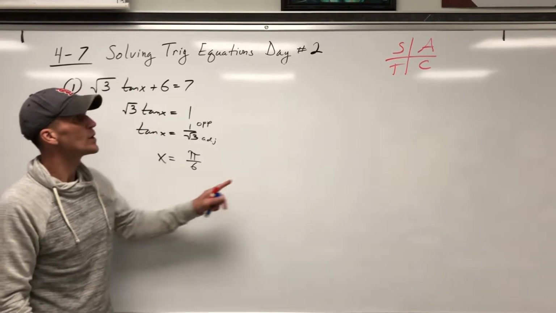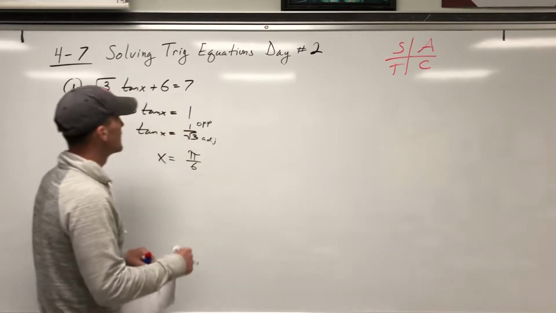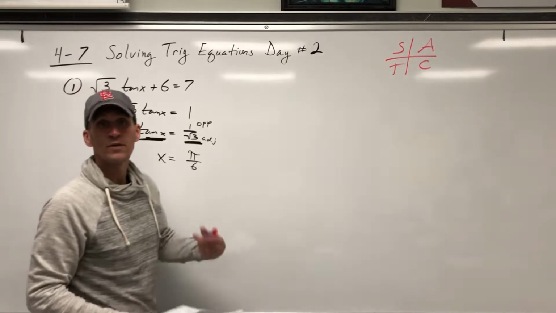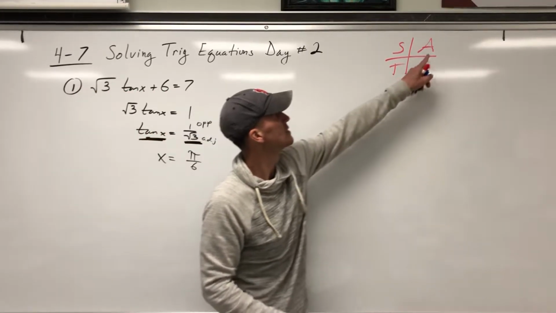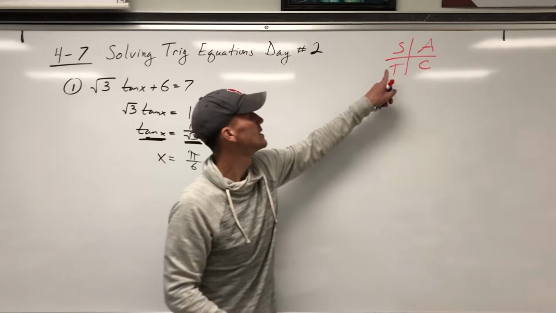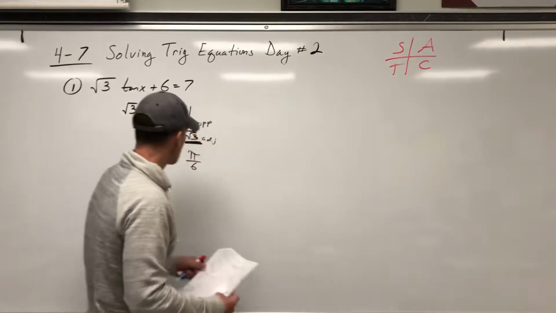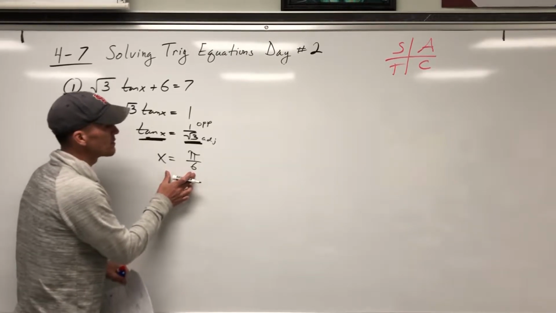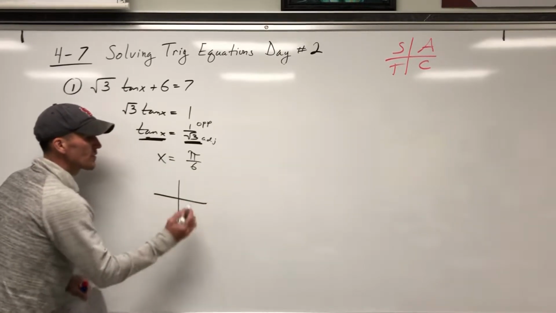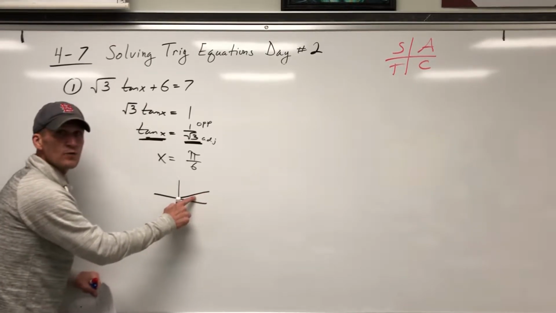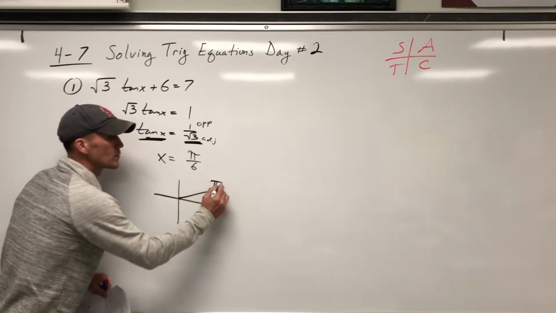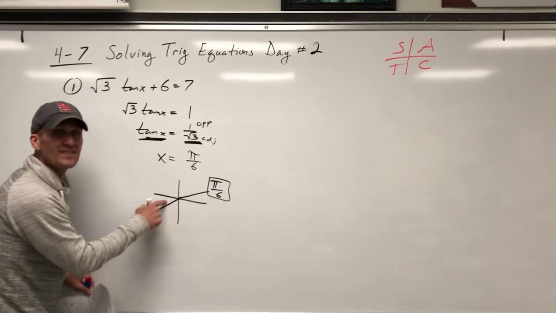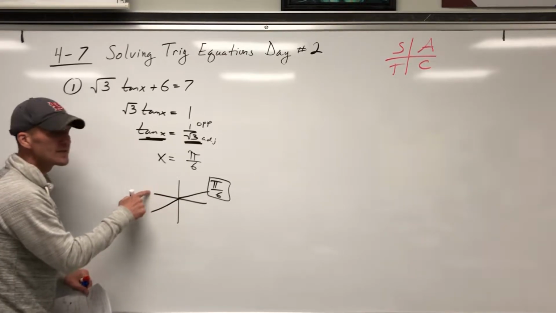Well, I also need to know All Students Take Classes, because tangent is giving me a positive answer. And in which quadrants should tangent give you a positive answer? The first and the third. So I'm going to take a pi over 6 reference angle, or family member of 30 degrees, and I'm going to make sure that I have a pi over 6 reference angle in the first quadrant, which is pi over 6, and a pi over 6 reference angle in the third quadrant, and this is 1 pi.